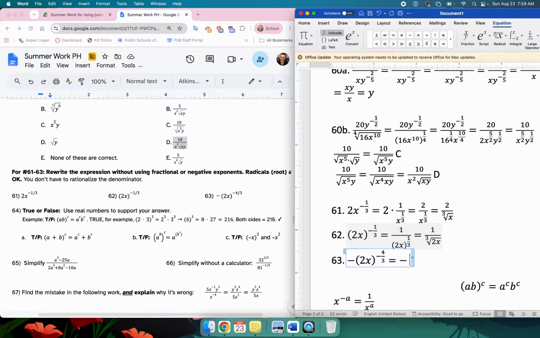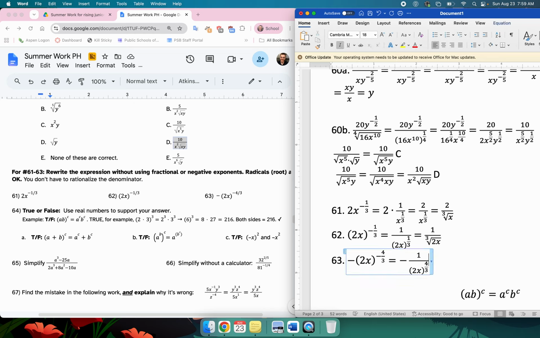So I'll just write minus and then a fraction bar. So I have this object 2x being raised to a negative exponent. So what that means is I do 1 over that object raised to the positive version of that exponent. And then it's just a matter of applying the fractional exponent rule. 2x to the 4/3 is the same thing as third root of 2x to the 4th.